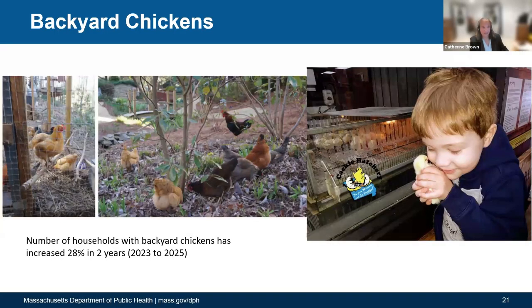So backyard chickens, let's talk about them a little bit. The number of households with backyard chickens in the US has increased 28% in 2 years. 28%. And that's great, right? There are lots of good things about doing this. And remember, I'm a veterinarian, so I actually think animals and humans interacting is generally a good thing as long as you do it carefully.